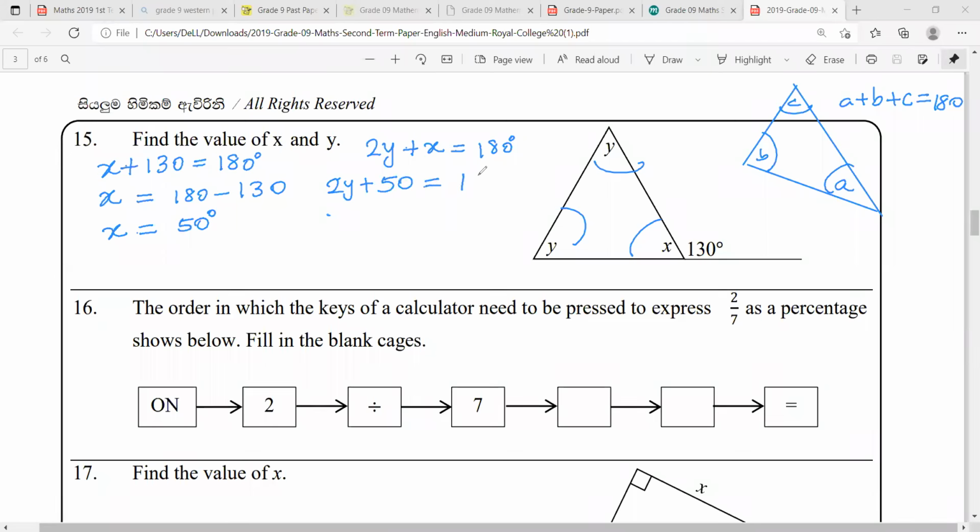So you can subtract 50 from both sides. 2y is equal to 180 minus 50. Then y is equal to 130 divided by 2, which is equal to 65 degrees, right?